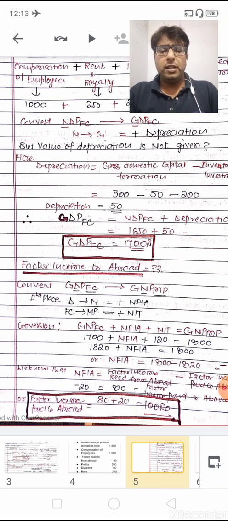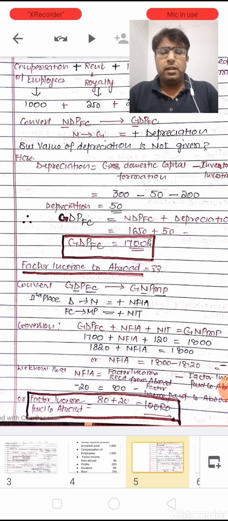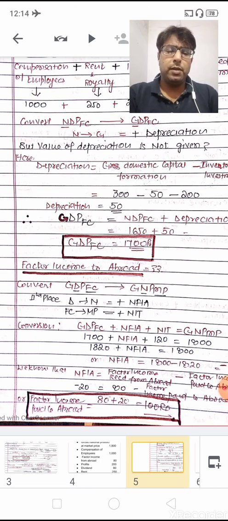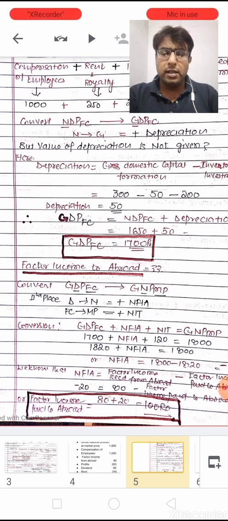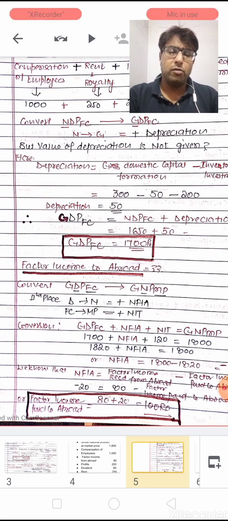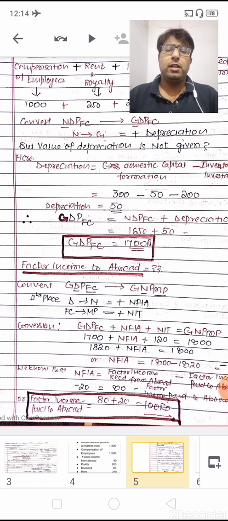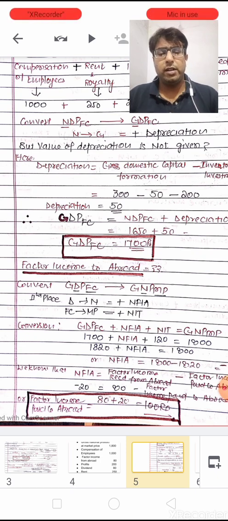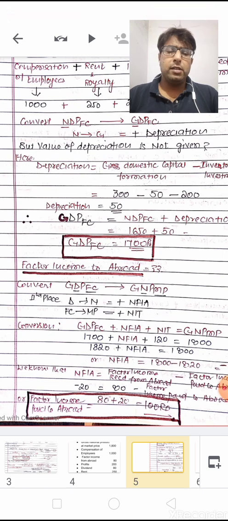So 1700 plus NFIA plus 120, the value of NIT, equals GNPMP, which is 1800. So 1700 plus 120 is 1820, plus NFIA equals 1800, or NFIA equals 1800 minus 1820. So the value of NFIA is minus 20.